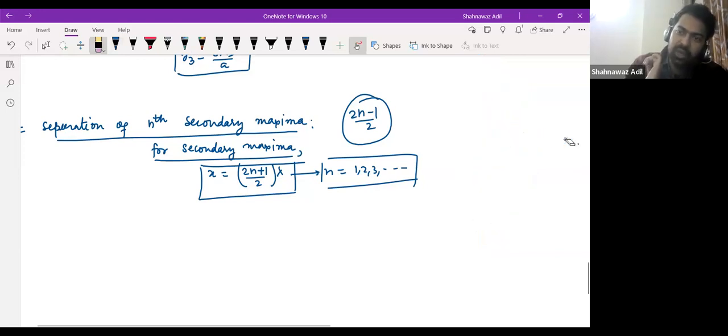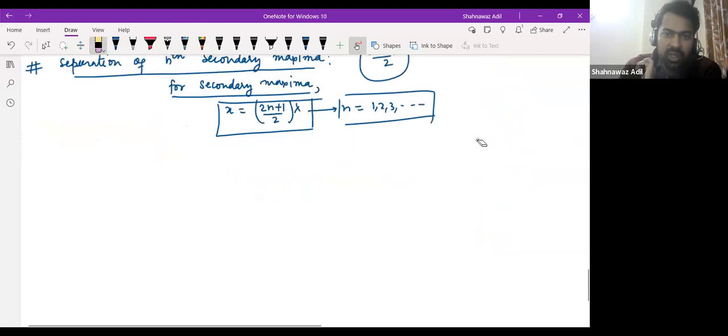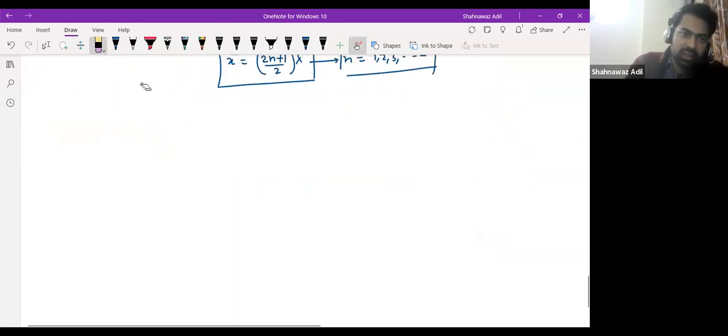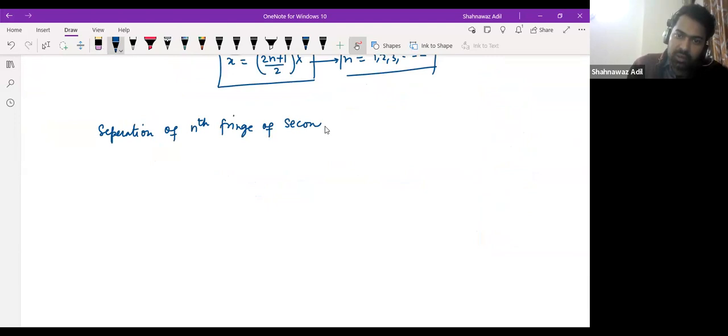Okay, so we'll talk about the central one in a moment, but let us understand the separation of the nth fringe of secondary maximum.